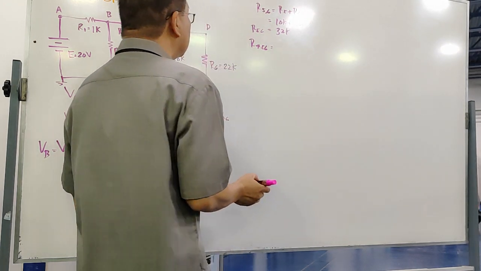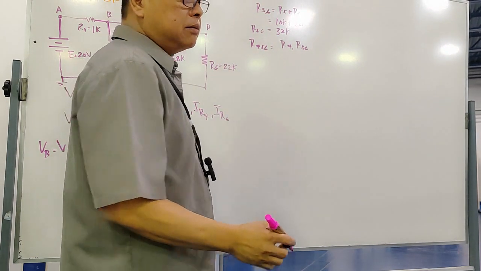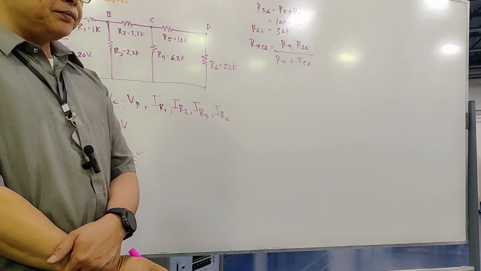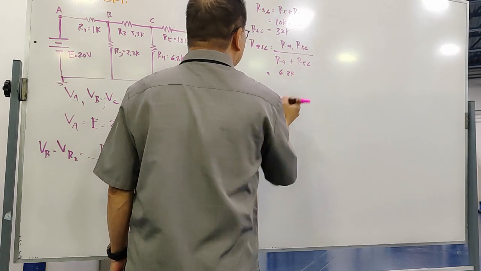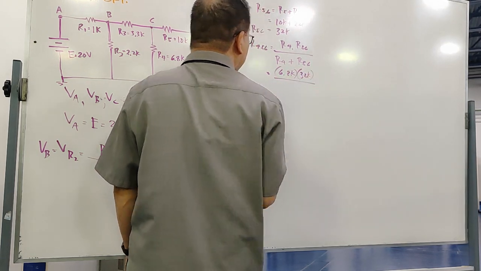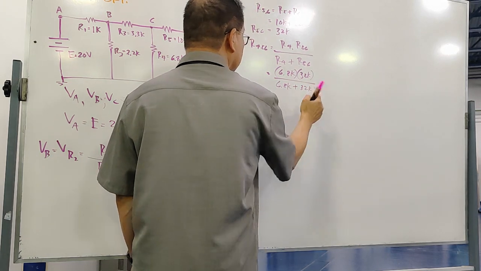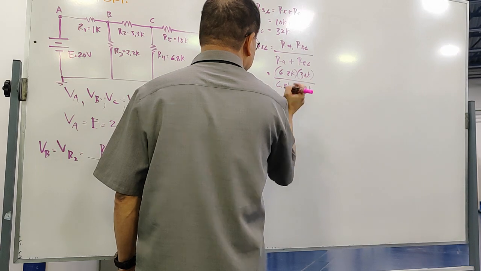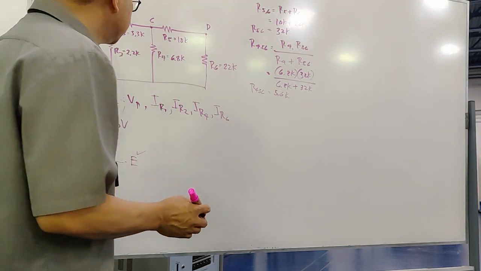The formula for R4,5,6 is R4 multiplied by R5,6, divided by R4 plus R5,6. So R4 is 6.8 kilo multiplied by 32 kilo, over 6.8 kilo plus 32 kilo. R4,5,6 is 5.6 kilo.